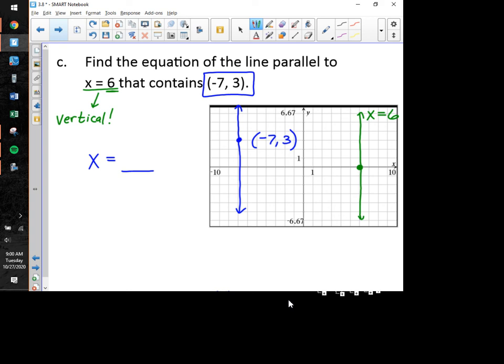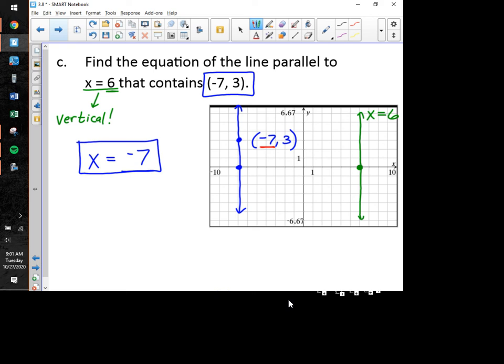It's the x-intercept of your line, which would have to be this point right here. And as you might see already from the graph, where that line crosses the x-axis is at -7, which is exactly the same as the x-coordinate of any point located on that line. So guys, the answer to this problem is x equals -7.